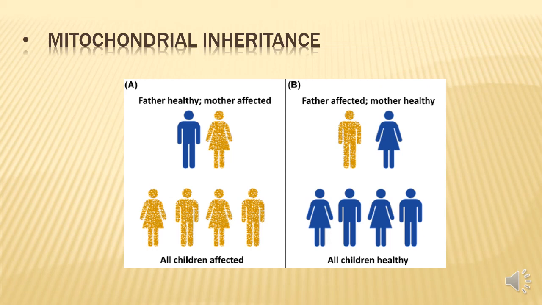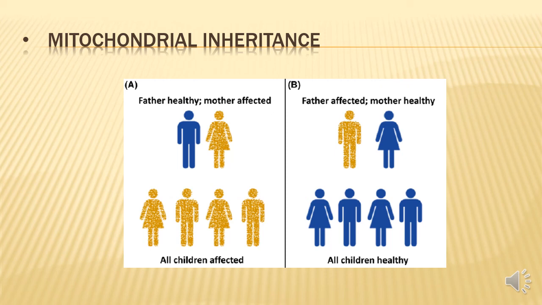Here I have given you two examples. In example A, father is healthy but mother is having a mitochondrial disease. In example B, father is having a mitochondrial disease but mother is healthy.